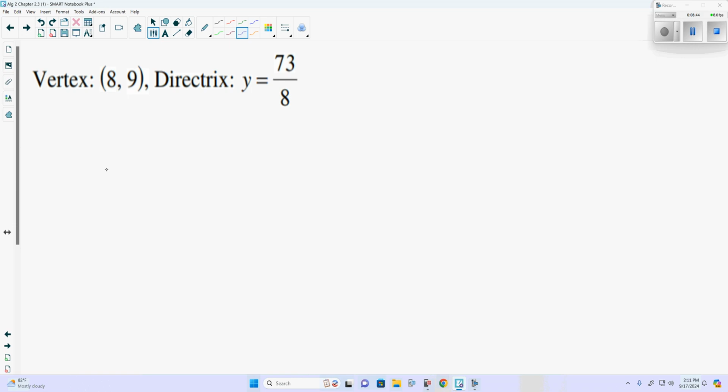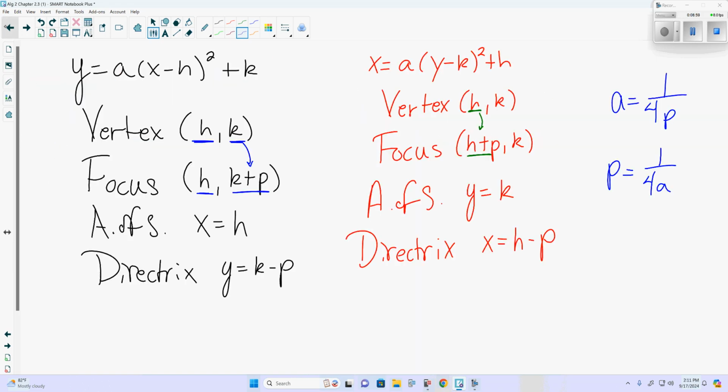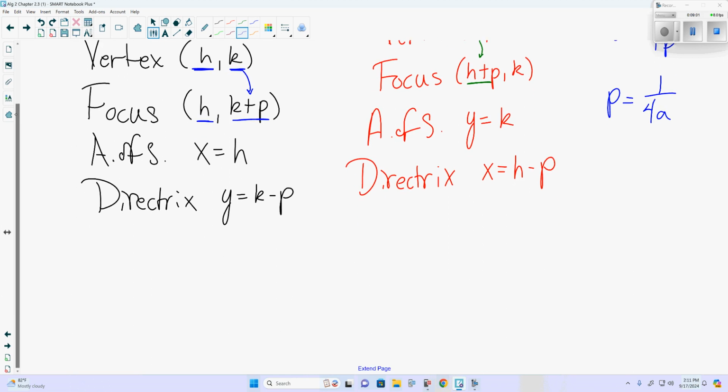Well, again, they gave us the vertex. Vertex is nice because no matter which equation it is, it's still h comma k. Now, directrix is nice because it just tells us which one it is. Because if we look at the two general forms, for one of them, it's y equals k minus p. The other, x equals h minus p.